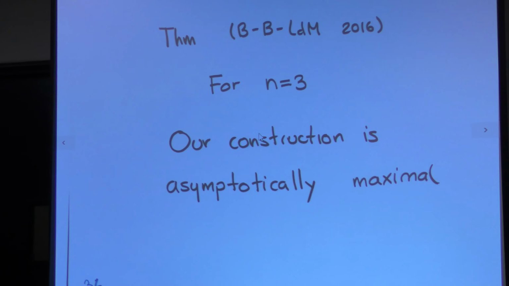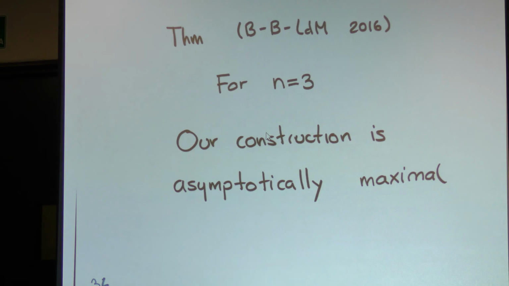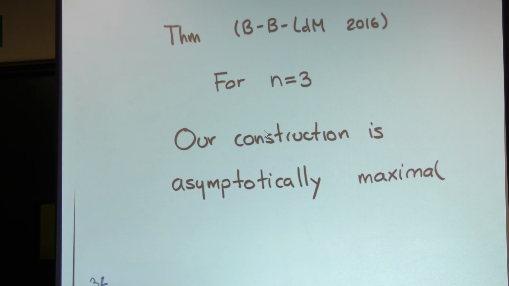And the question is, okay, this is bounding from above and this one from below, how far is from one to the other. And for the moment we only have the result for n equal to 3. And for n equal to 3, it means in R3, our construction is asymptotically maximum. It means if we make d go to infinity, the construction goes to infinity the same as our bound.